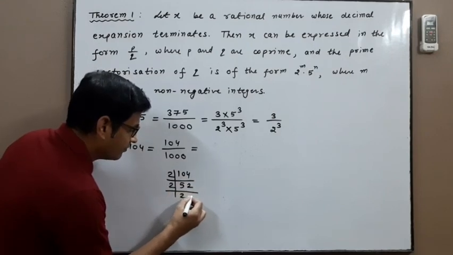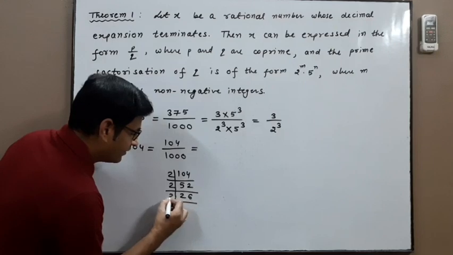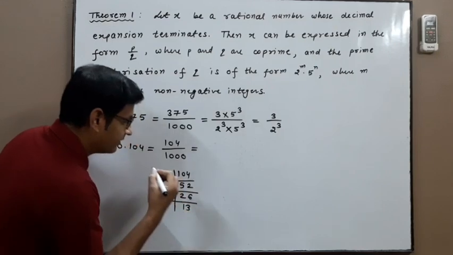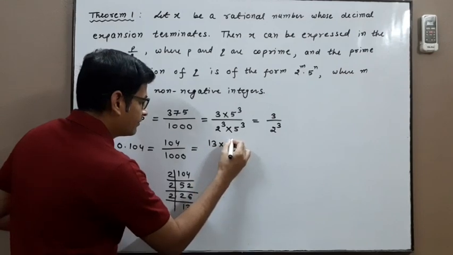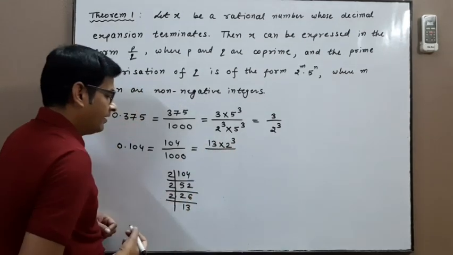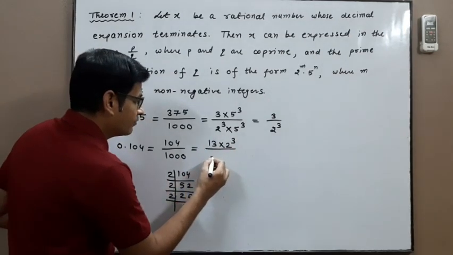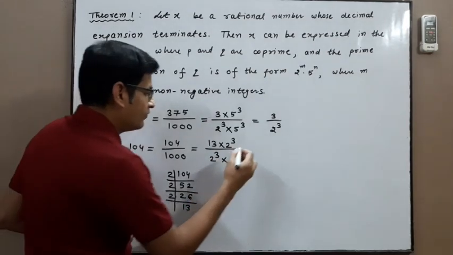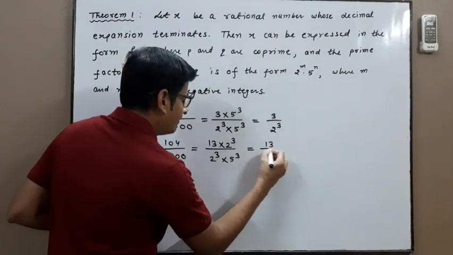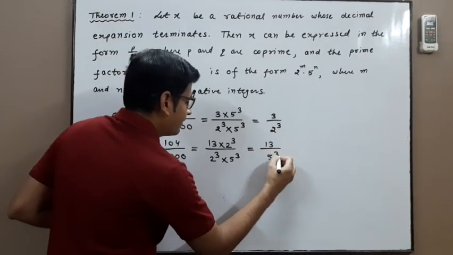Again 2 26s. Again 2 13s. So the factors of 104 are 13 into 2 raised to the power 3 and the factors of 1000 are 2 raised to the power 3 into 5 raised to the power 3. So we get 13 upon 5 raised to the power 3.